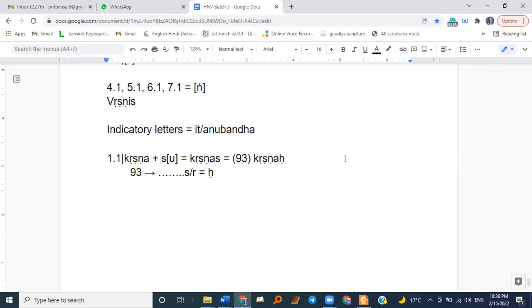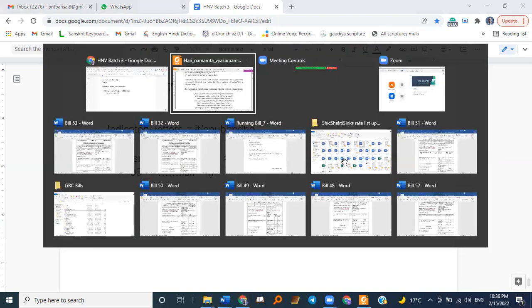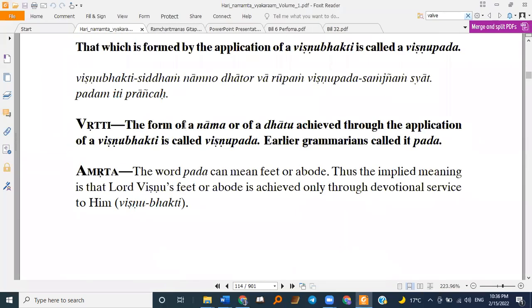So like that. And does it also have a spiritual meaning, that the Vishnu Bhakti is closest to Vishnu? Actually, there is that meaning. I didn't go in that direction. So the implied meaning is that Lord Vishnu's feet or abode, because Vishnu Pada could be abode, is achieved only through devotional service.